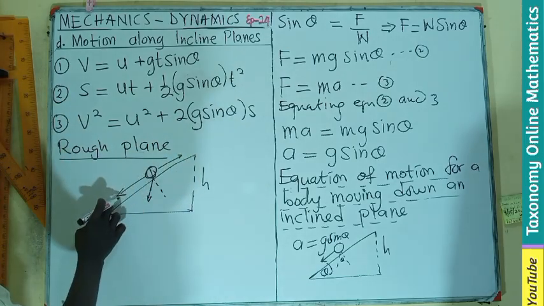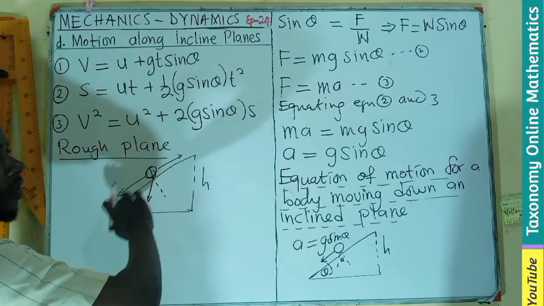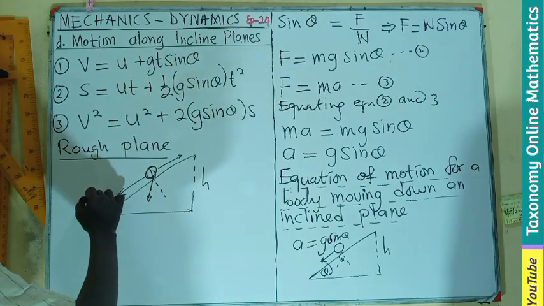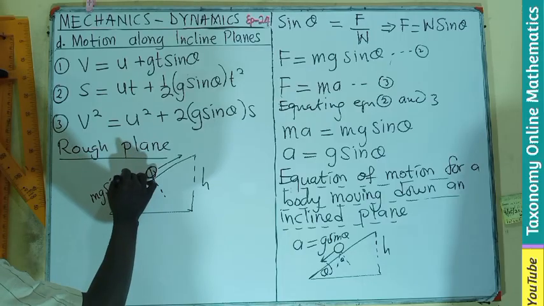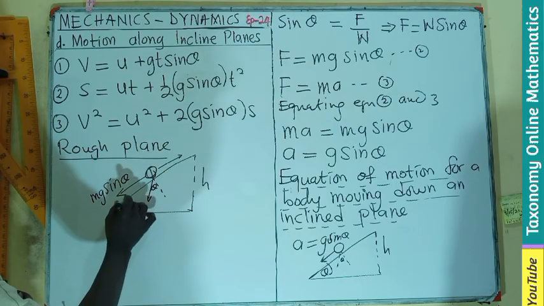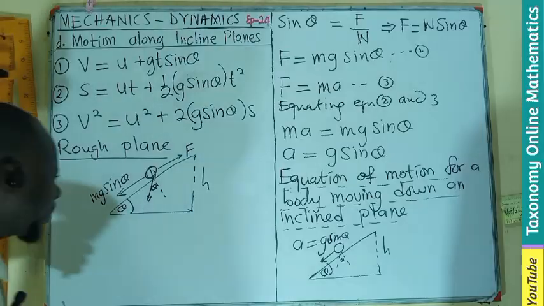So there's a force moving in this direction, and there's going to be a friction also moving, causing the body not to move. So our mg sine theta will be here, since theta is here, then the frictional force is going to be there.